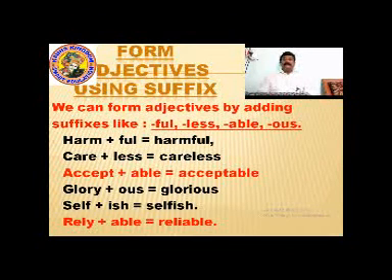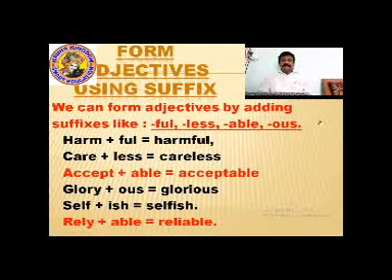So what are we forming? We are forming adjectives by using suffixes. To make adjectives, the common suffixes used are FUL, LESS, ABLE, OUS.